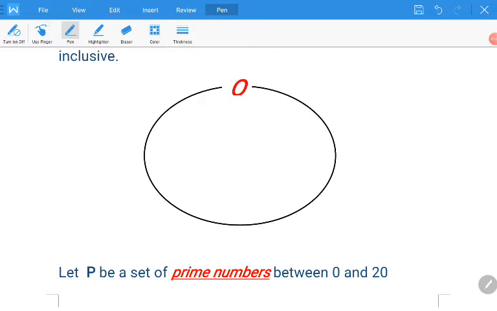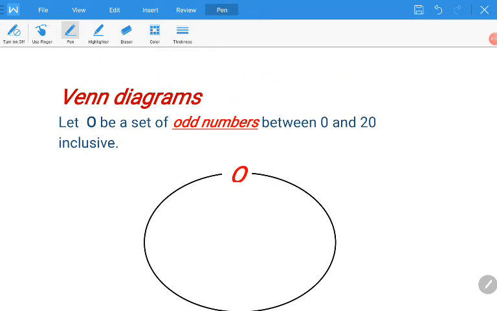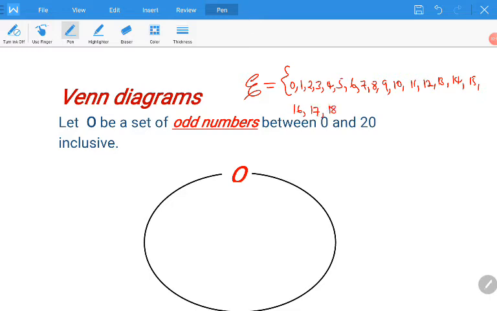So the universal set here is equal to 0, 1, 2, 3, 4, 5, 6, 7, 8, 9, 10, 11, 12, 13, 14, 15, 16, 17, 18, 19, and 20. So this is our universal set.